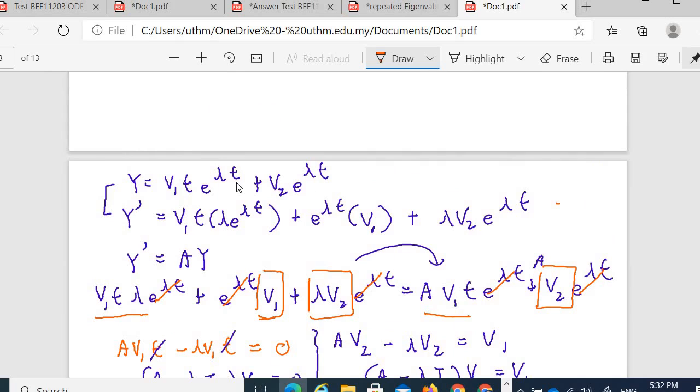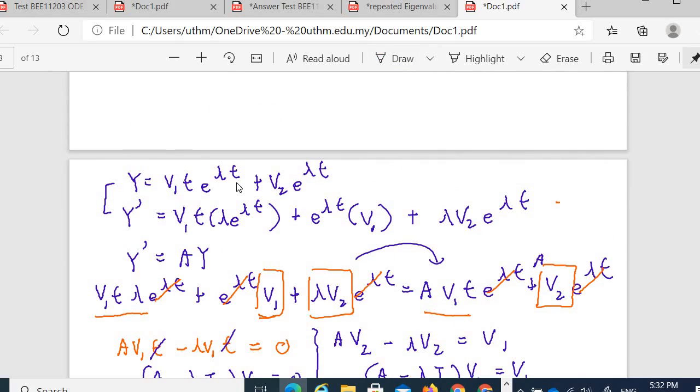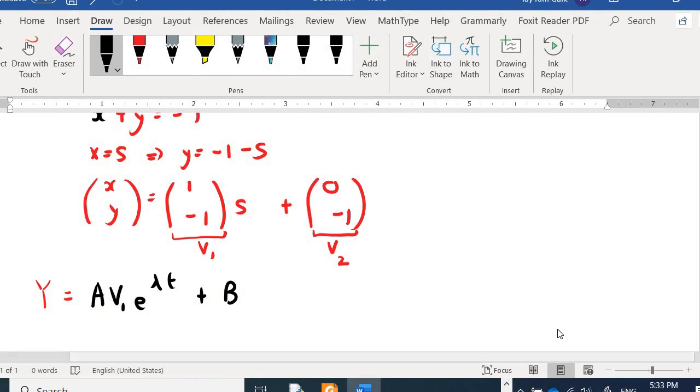This is your y2: V1 t exponent lambda t plus V2 exponent lambda t. So b, you have V1 t exponent lambda t plus V2 exponent lambda t.